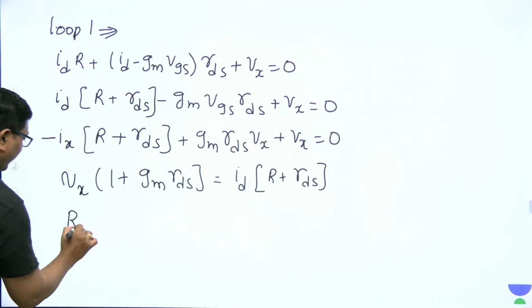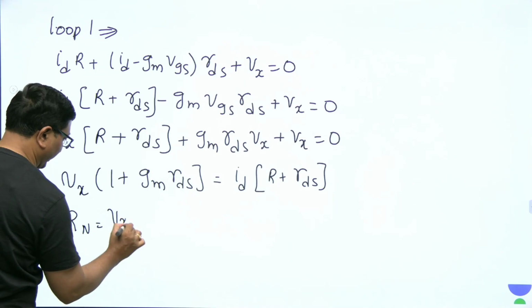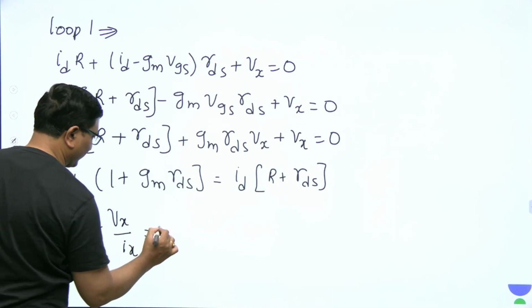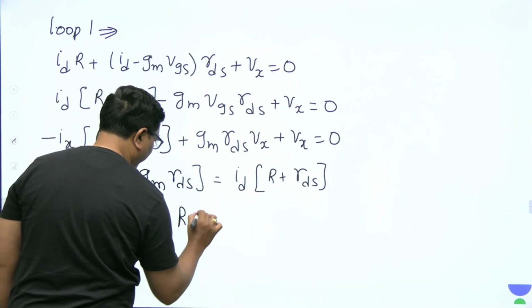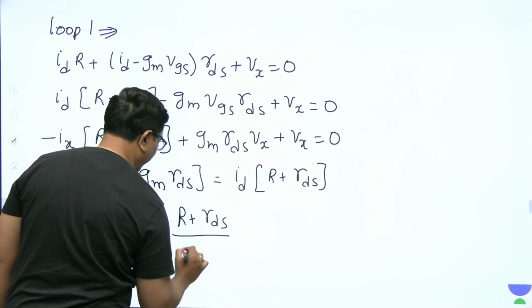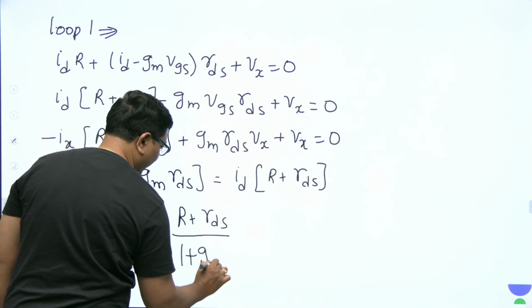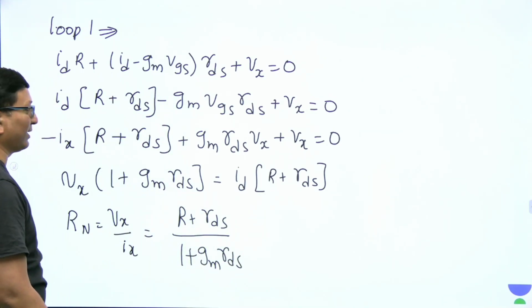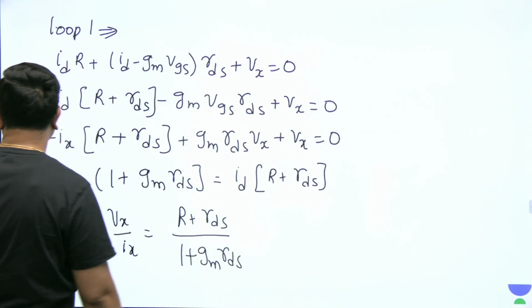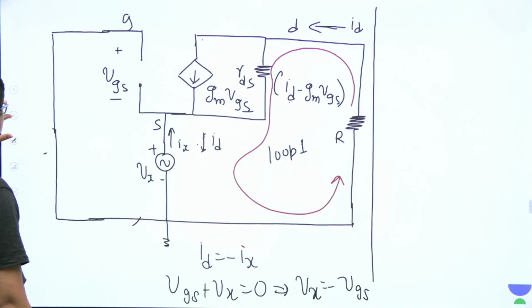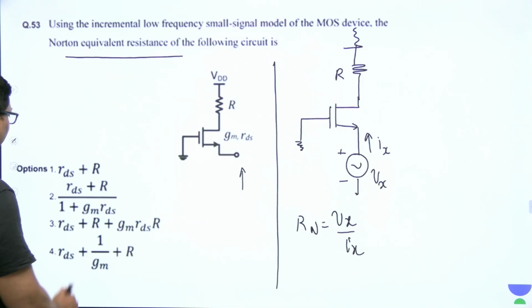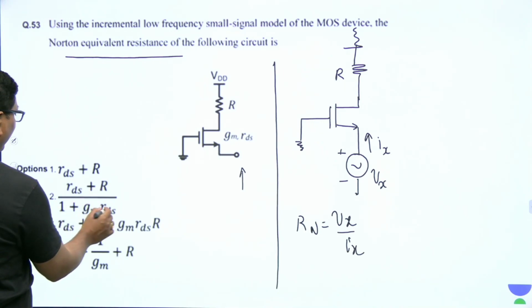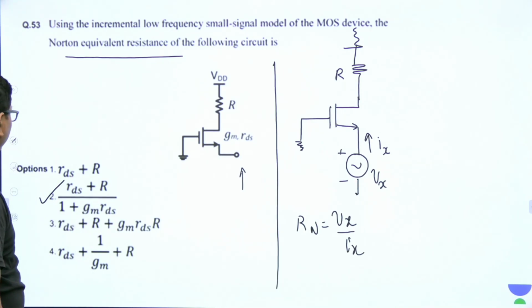And the Norton's equivalent resistance is Vx by Ix, which is equal to (R plus RDS) by (1 plus GM into RDS). That's it, that is your final answer. If you look at the options, it is small rds plus R by 1 plus GM into RDS. So option 2 is correct here.